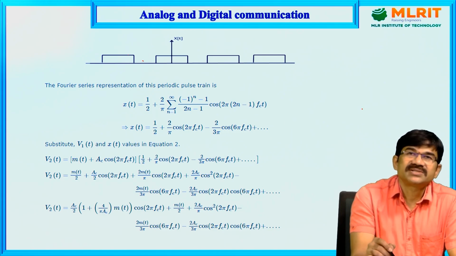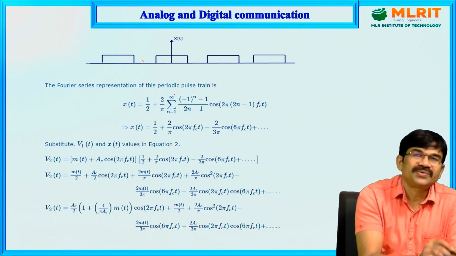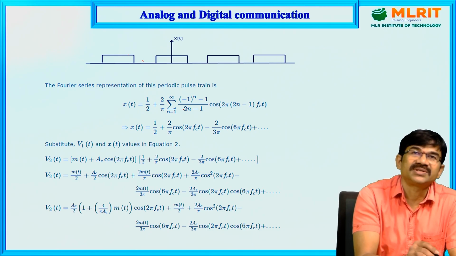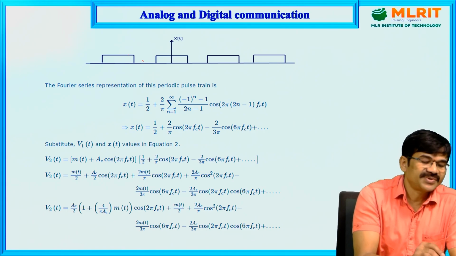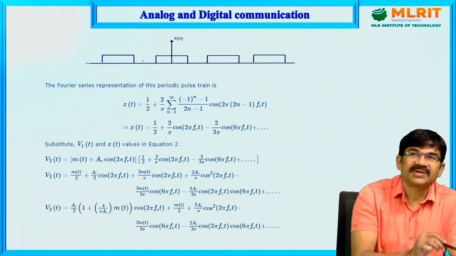The expansion goes on as n equals 1 to infinity. If we keep substituting n equals 1, 2, 3 and so on, the expression extends infinitely. It is an infinite series.